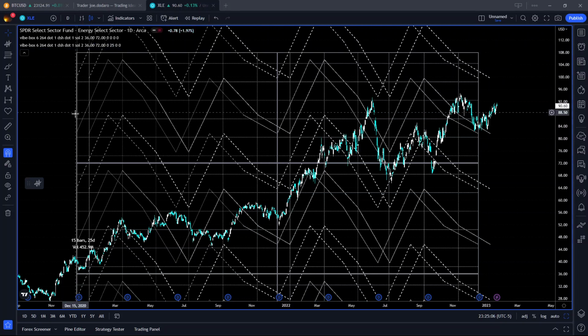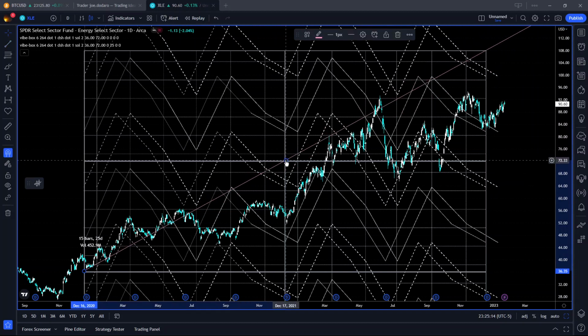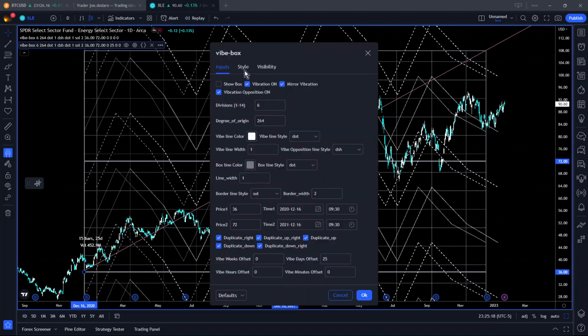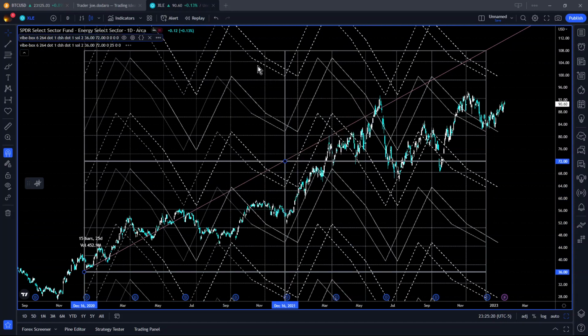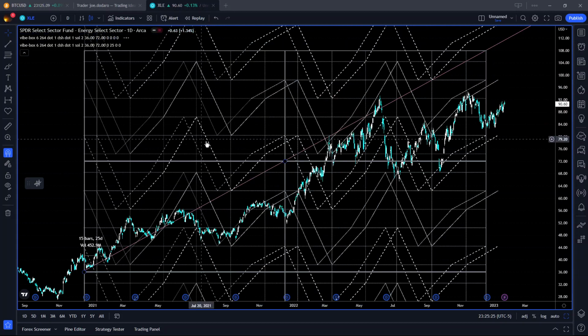And then, using our trend line, setting it in again, we get that alternate date within the year. Well, where is that date? If we're not seeing the mirroring, we'll be able to get the first vibration. 264 degrees, we know where it sits in the box. It's right here in price and in time right there, where the trend line hits that division point.